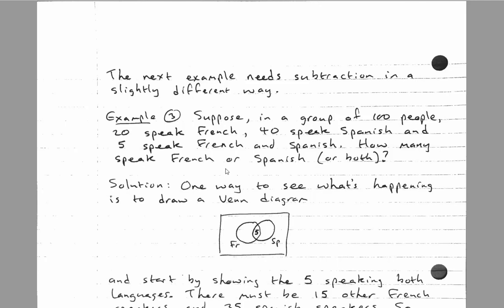And this is an inclusive or, it's how many speak French or Spanish or both. So is it just 20 plus 40 plus 5? Or is the 5 included in the 20 plus 40? So is the answer 60? Well, we have to be careful.